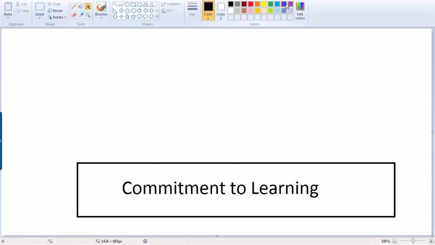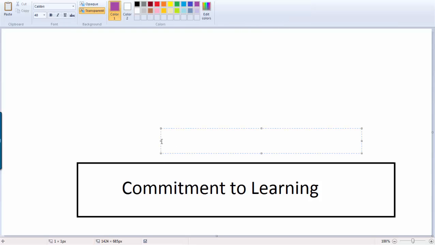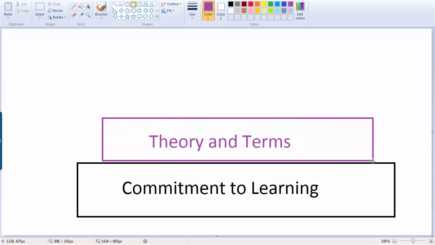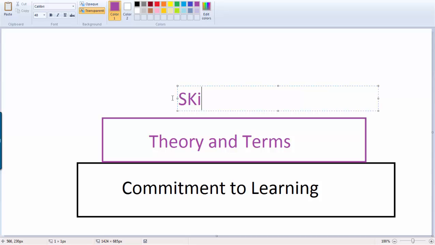After you have a commitment to learning, then you also need the overall philosophy, the theory and terms. Your commitment to learning is more important. Then you generally are going to learn theory and terms, like how things work, what they are, how you can approach them, that kind of stuff. And then you develop your skills.